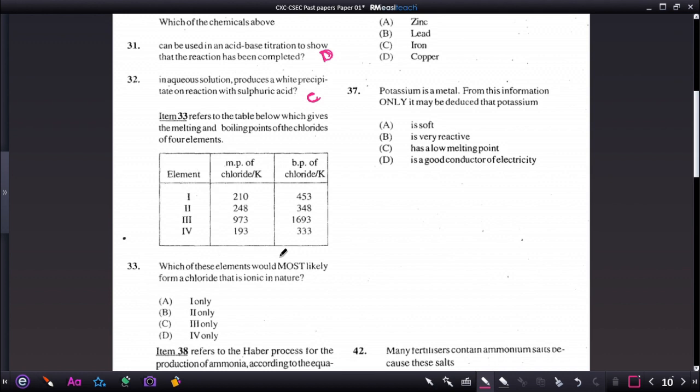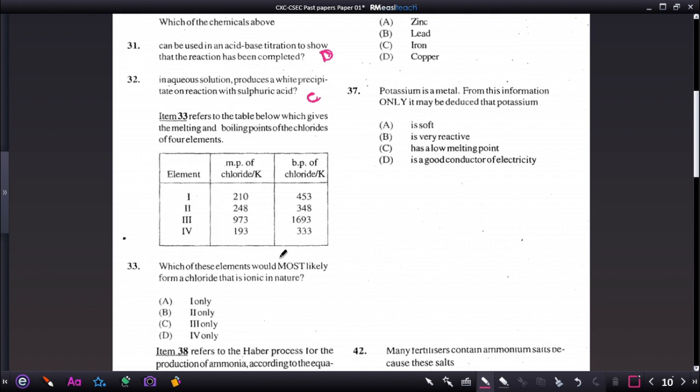Item 33 refers to the table below, which gives the melting point and boiling point of the chlorides of 4 elements. Which of these elements would most likely form a chloride that is ionic in nature?